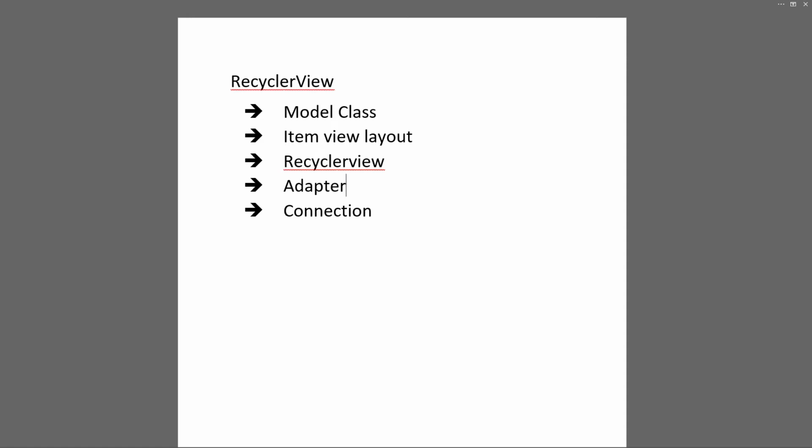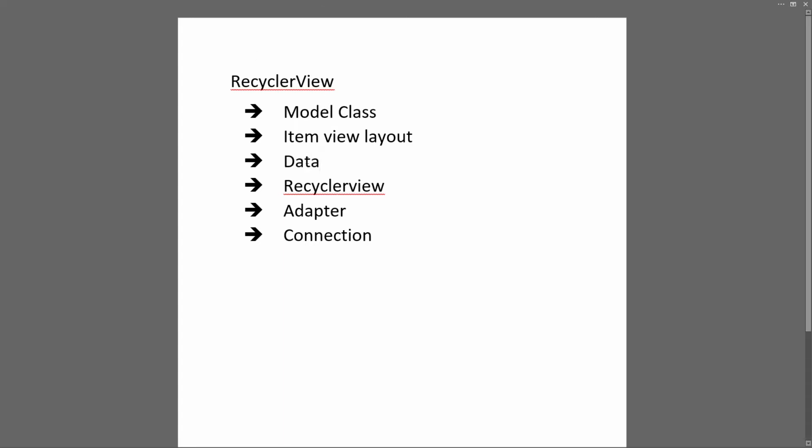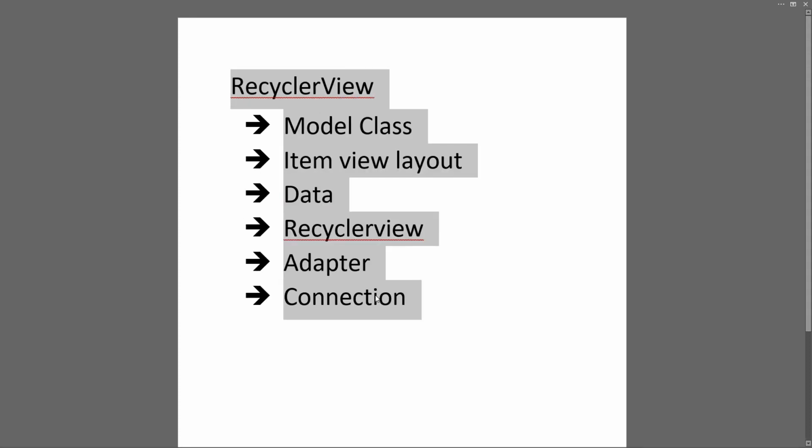Before the layout we need data now, because you cannot do this without data. We're going to do each of these step by step until we finish. So without wasting much time, let us begin with the model class. The model class is the class of a single element.